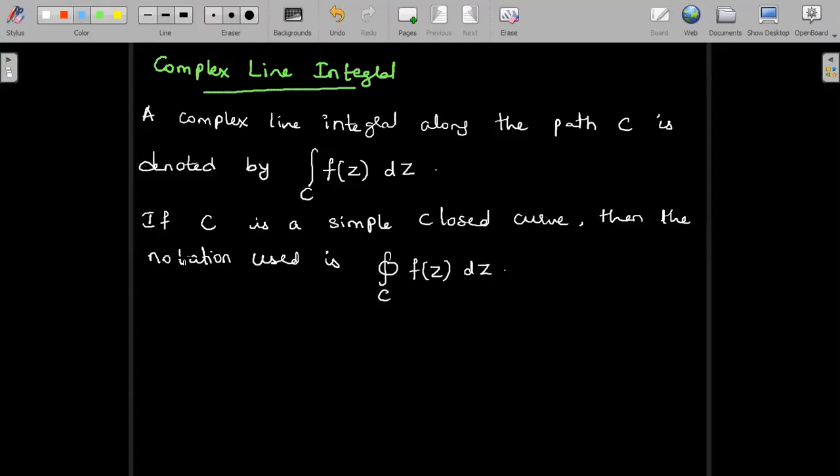Now we will see some of the important properties we might apply while doing complex line integral problems. So we are now dealing with properties.